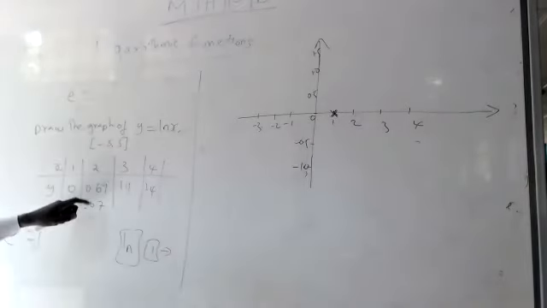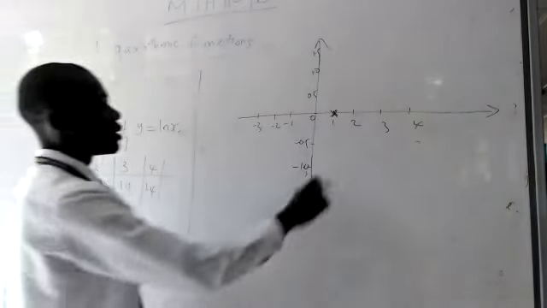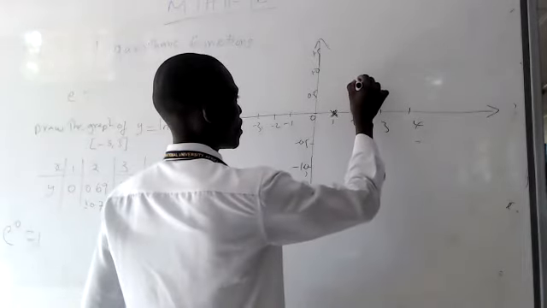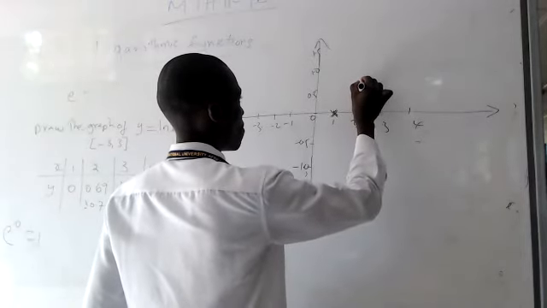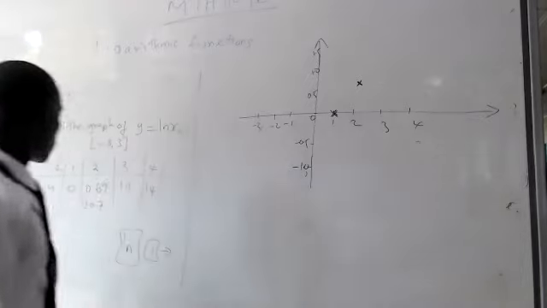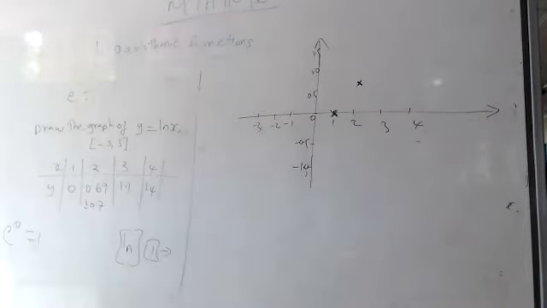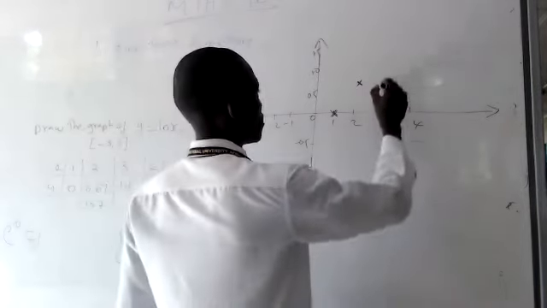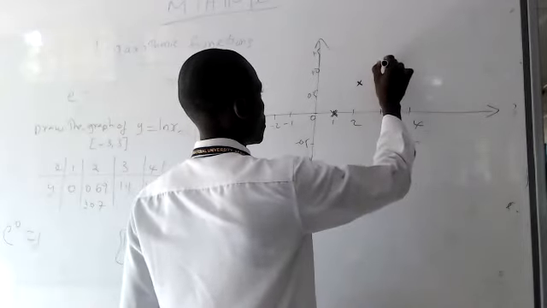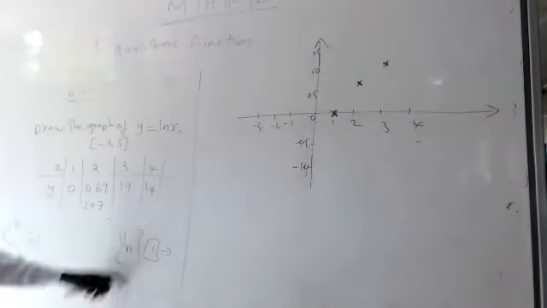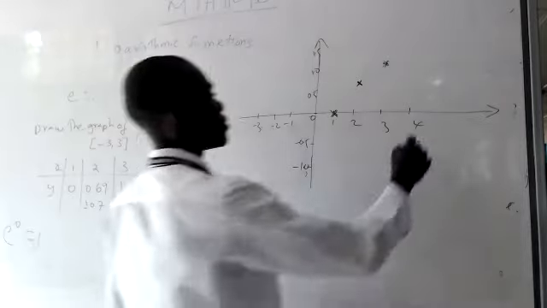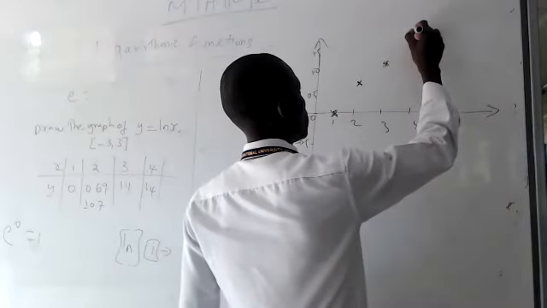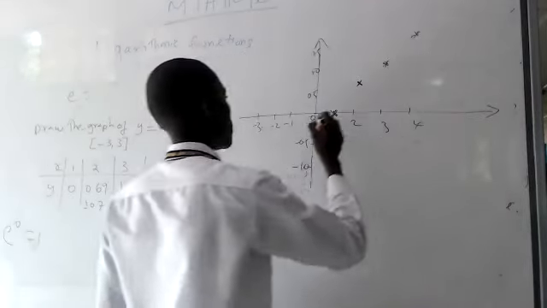Then I need to plot 2, 0.7, that's somewhere up there. Then I need to plot 3, 1.1. Then you need to plot 4, 1.4, somewhere up there.